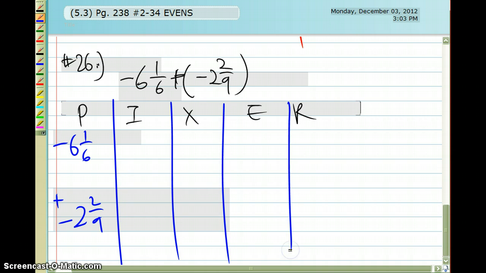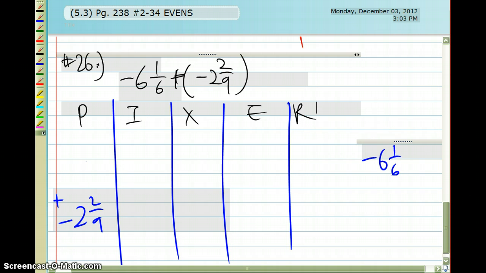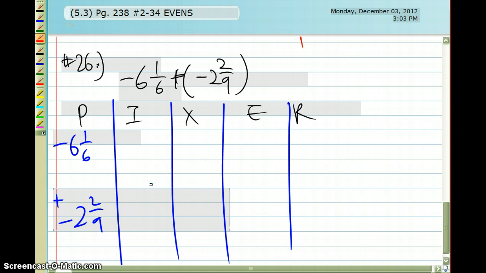And then I'm going to change the problem to I, which is improper. So when I change a negative fraction to improper, I kind of ignore the negative. Okay, so when I multiply the whole number and the denominator, I'm just going to multiply 6 times 6 and then add the 1, giving me 37, and then a 6 in the denominator, and then you just attach back on the negative.